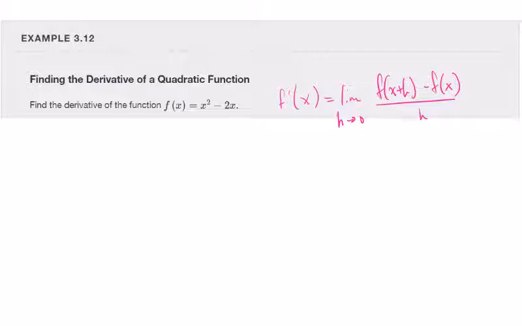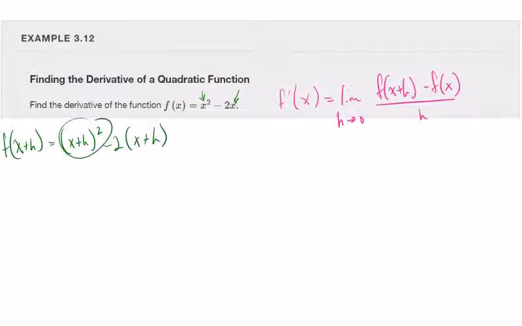So we're going to take f of x plus h. What that's going to do is we're going to plug in x plus h there and x plus h there. So it's going to be a little bit of work here. Let me do it on the side over here. f of x plus h is going to be x plus h, quantity squared, minus 2 times x plus h, right?